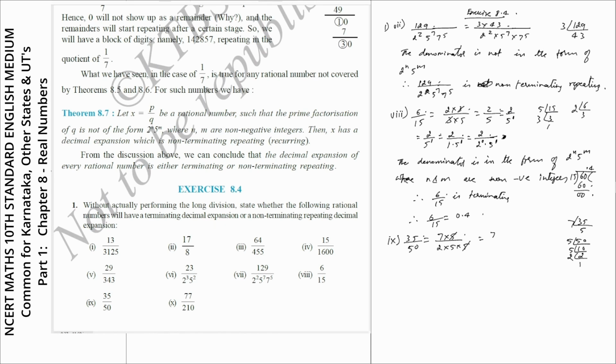Now I'm left with 7 by 2 into 5. 2 means 2 power of 1, and 5 means 5 power of 1, so the denominator is of the form 2 power of n into 5 power of m, where here n is 1 and m also is 1. Therefore 35 by 50 is terminating.